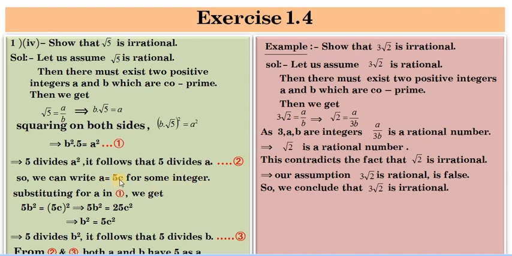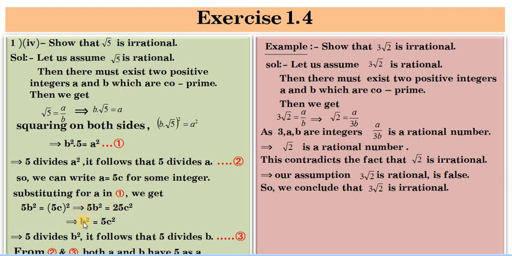Now you substitute this A is equal to 5C in step 1. Then what happens? B square into 5 or 5 into B square is equal to, in place of A write 5C. So 5C whole square, which implies 5B square is equal to 5 square, which means 25 C square. Now 5 divides 25 five times, isn't it?